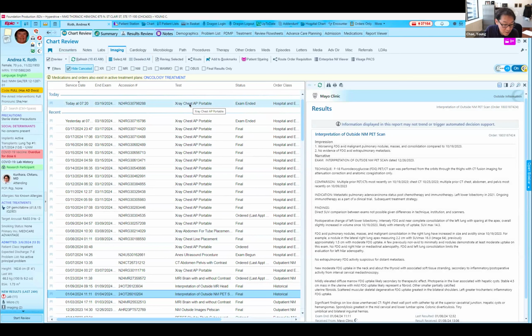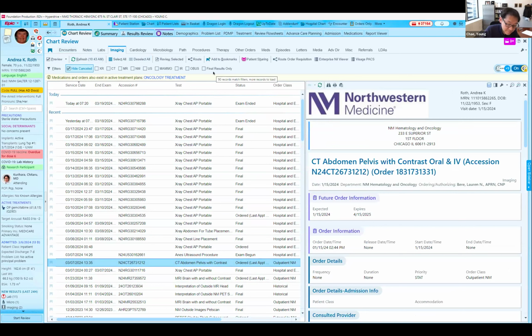I know she just had surgery, but I would rescan her everything. So this was ordered and not done. So I would get MRI brain. I would get PET CT.